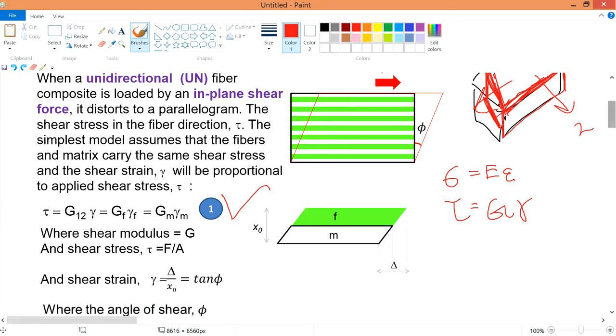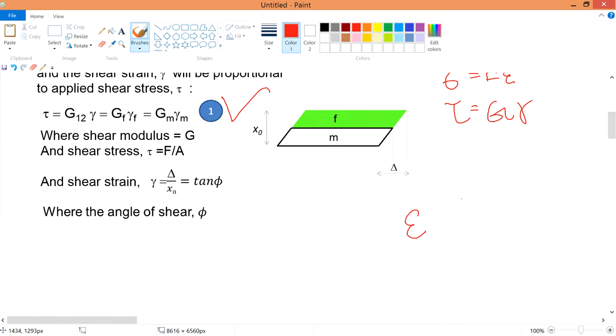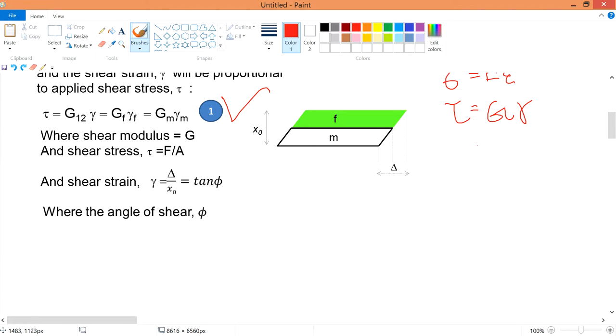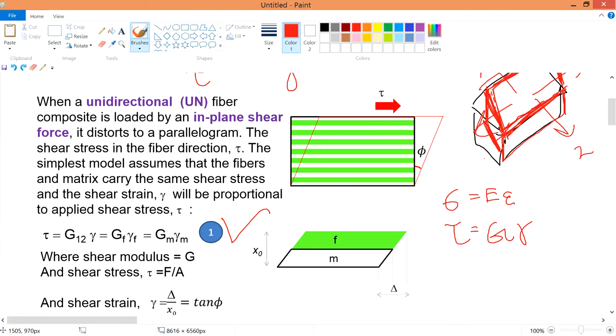Previously, for the normal strain, we say this is a bar and you have a certain strain, which is some change of length divided by its original length. It's just this equation. As for the shear strain, there is no original length, but rather there is only one length that is always the same, which is this length, x0.